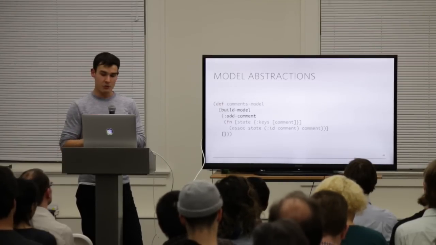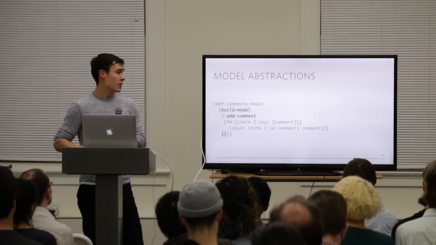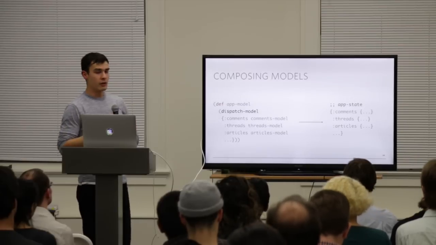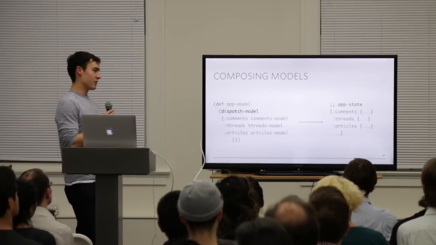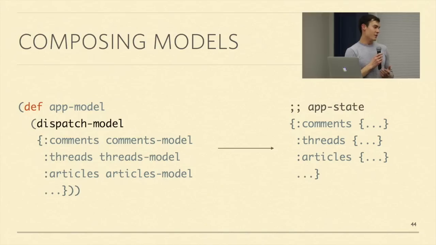In addition to abstracting over this for individual models, we can build higher level models. This is an example of a dispatch model that takes a map of other models. You can visualize this as a model that maintains a map of individual models that manage their own domain.